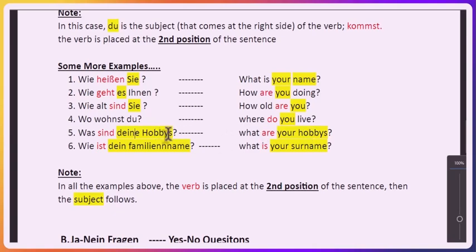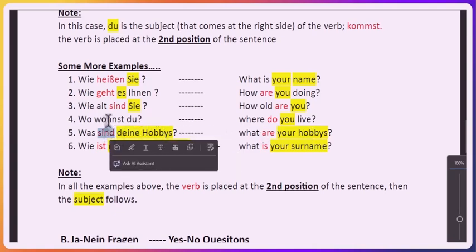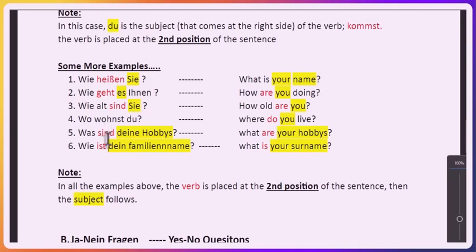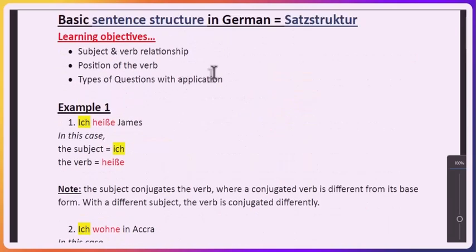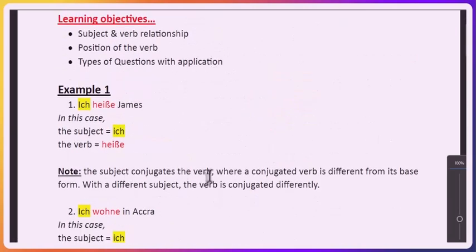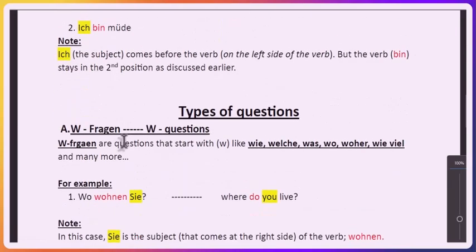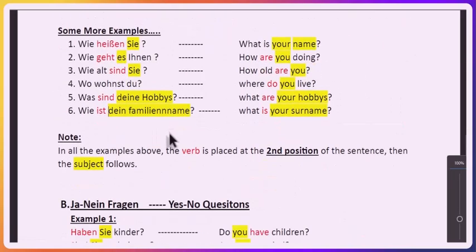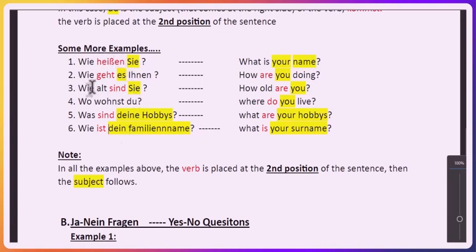What are your hobbies? These verbs are conjugated. I can say the subject conjugates the verb, where a conjugated verb is different from its base form. The verb differs depending on the subject and depending on other instances which I will explain later.